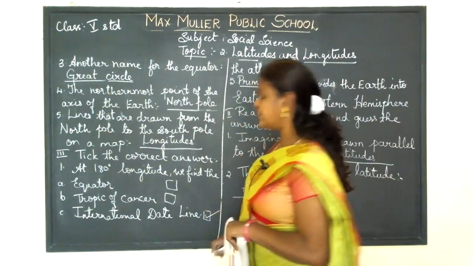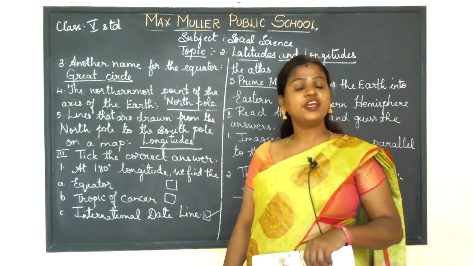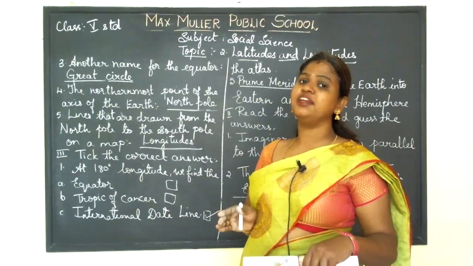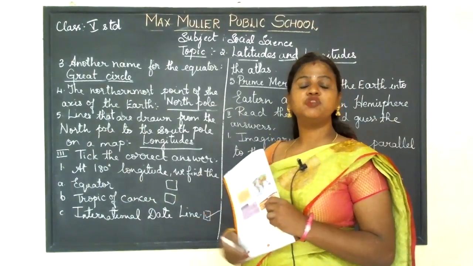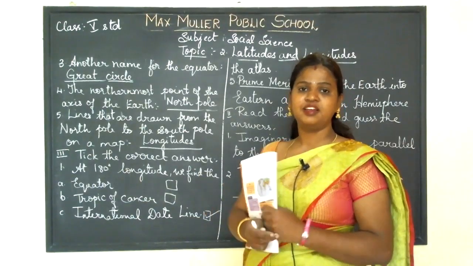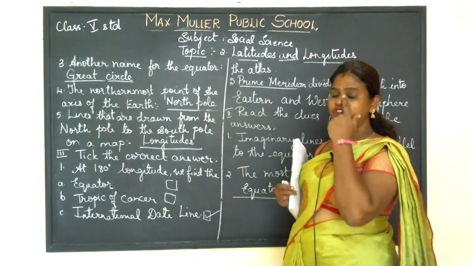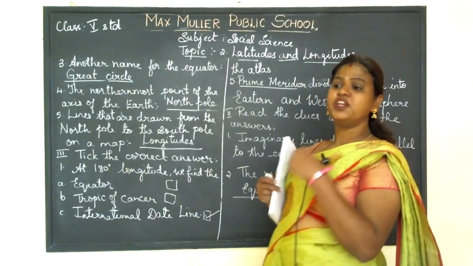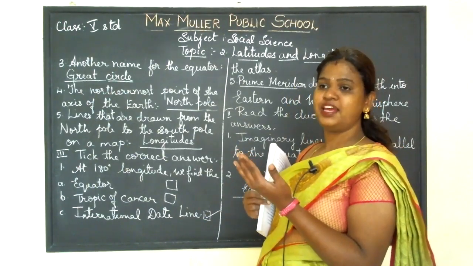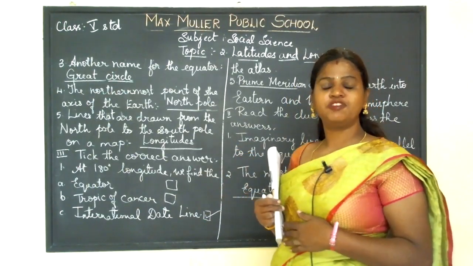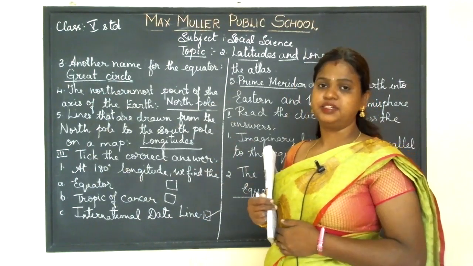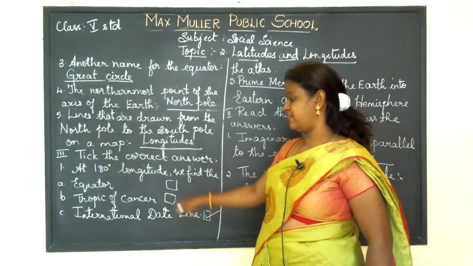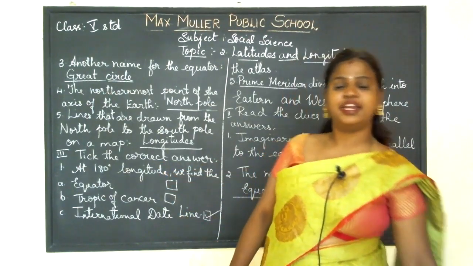According to international dateline, when the eastern hemisphere is facing day, the western hemisphere will be facing the night. You all know that there are 24 hours in a day. So these are the differences. So here at 180 degree longitude, we can find international dateline.